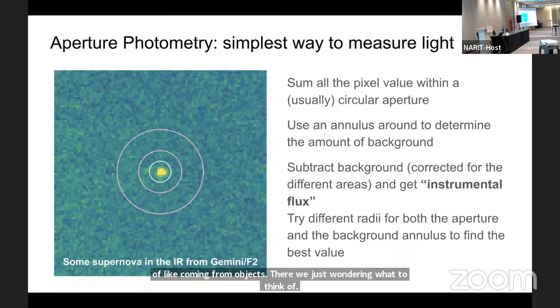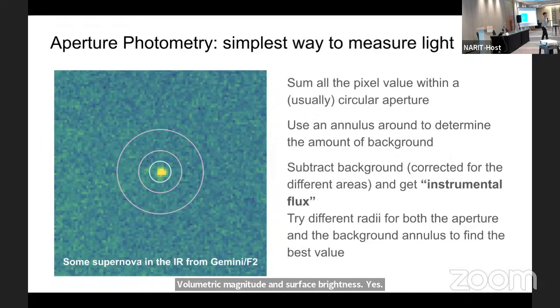Yes. So let's see. Surface brightness refers to objects that you can see spread out on the sky, and it's not a point, right? So say if you have a picture of a nebula that is spread out, looks nice. Surface brightness tells you how much light you get per unit area.